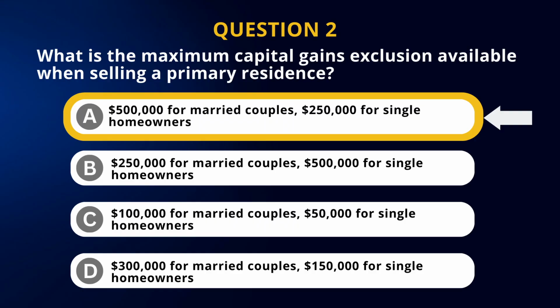Now, the other numbers were just red herrings. This is a pretty straightforward question, a good question, and you definitely want to know the intelligence of this question. You want to know the fact of $500,000 and $250,000. Now, this number can change over time. It has changed over time, so you definitely want to know that it can evolve, but currently, as you're watching this, that's what the exclusion is.